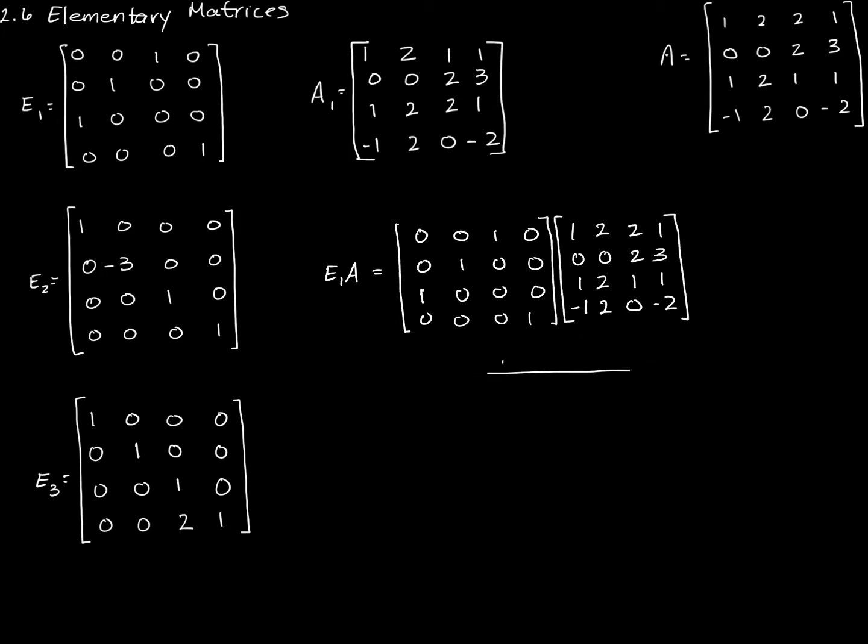So let me set up the matrix where I'm going to write my answer. Give myself lots of room. And I'm going to start with row 1 times column 1. As you can see in the elementary matrix, there are lots of zeros. Anytime I have a 0 times an entry, I'm going to get a 0.